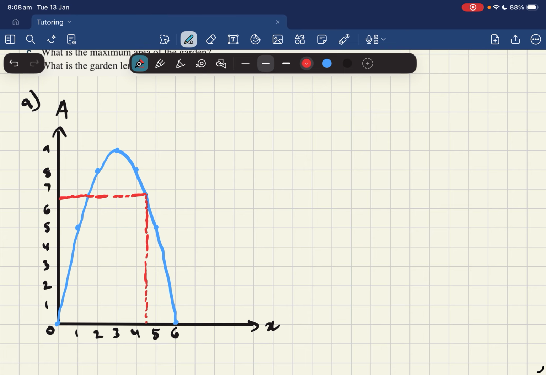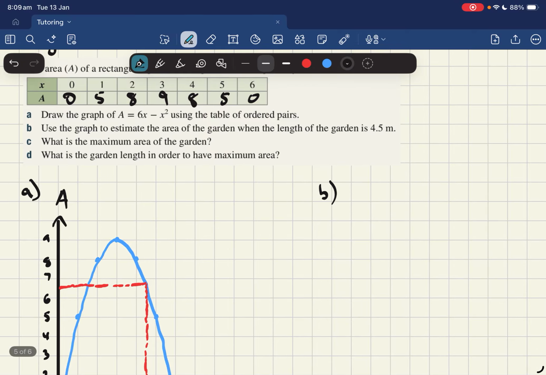Okay, so this is just short of 7. It looks like it's around 6.5, maybe 6.6. So we're just going to estimate. The area is going to be approximately 6.6 meters squared.